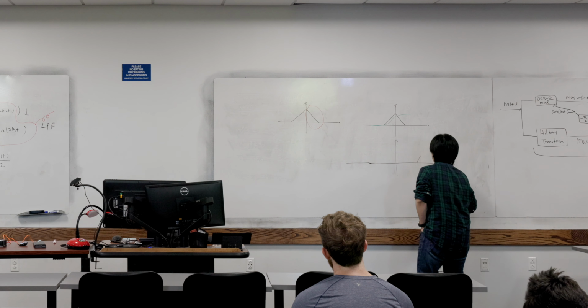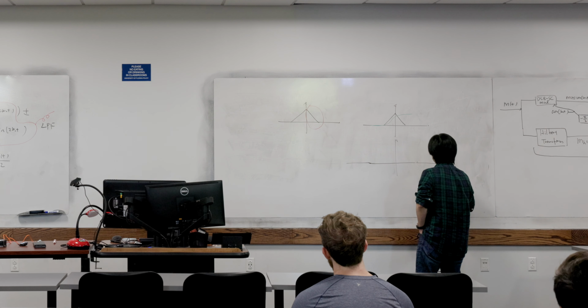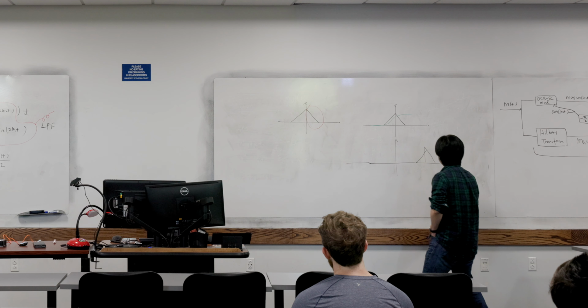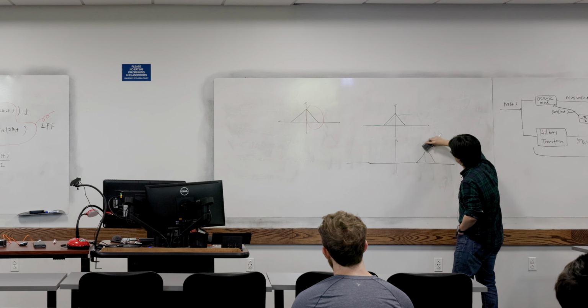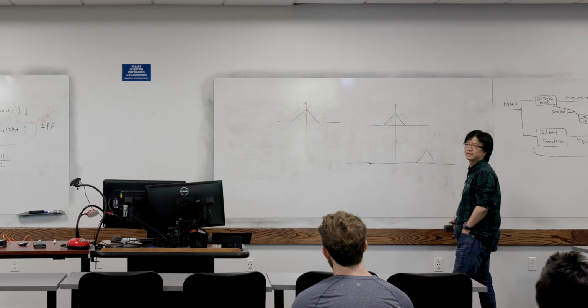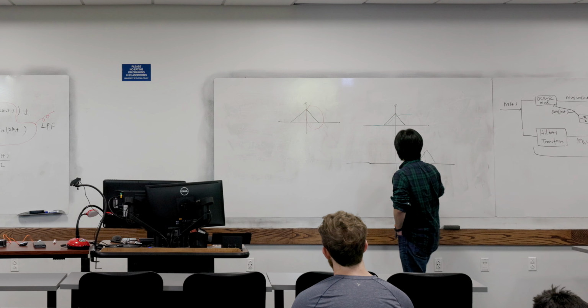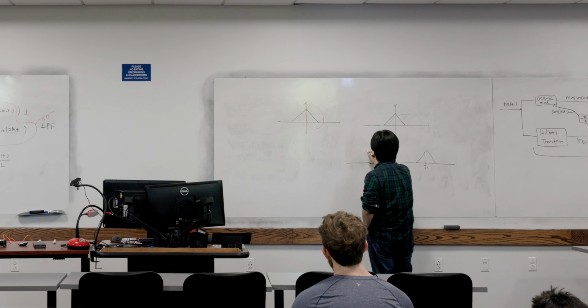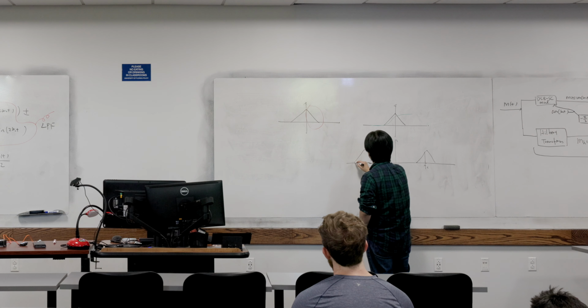This is what we got before. Now maybe we can get something like this, then I remove it. That makes sense. And here will be our FC. Similarly, on the other side, we also get this.